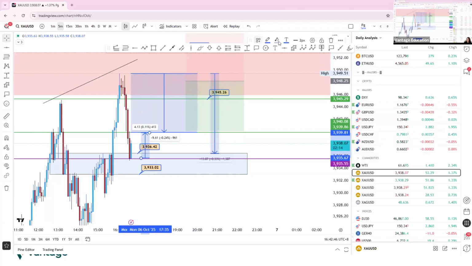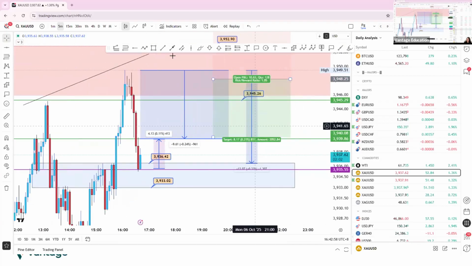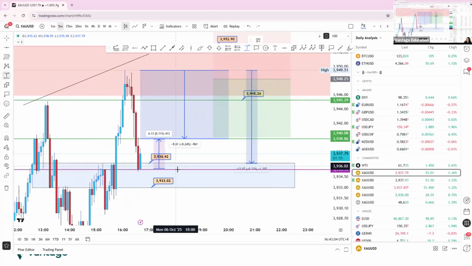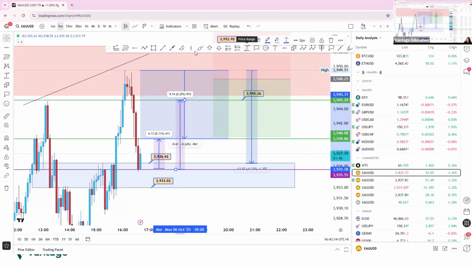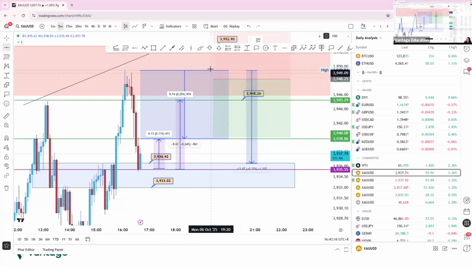If you buy here, you should already be in profit. You just move stop loss to break even. If price comes back and hits the stop loss, at least you protect your capital. And second TP was here. The next one would be the ATH, which is the all-time high. That's gonna be the last TP, which is here at 49.